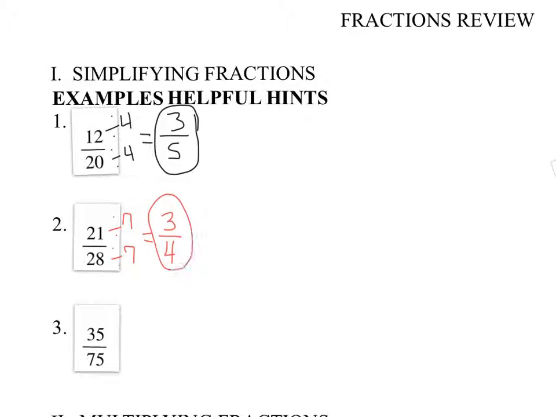So that's one method of doing it. Find the numbers that go into the smallest number and see if that also goes into the biggest number, and you want to find the biggest one that does that.